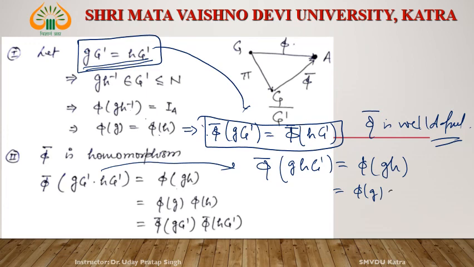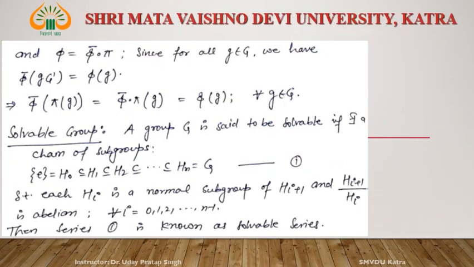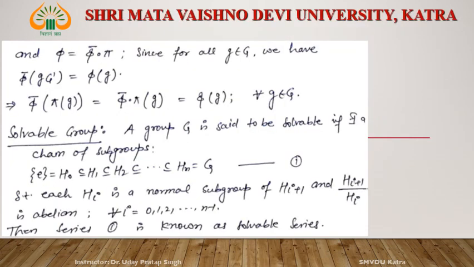This is phi g and phi h. Okay. And what is phi g? Phi bar g G prime. What is phi h? Phi bar h G prime. Okay. So phi is equal to the composition of phi bar and pi. Okay.